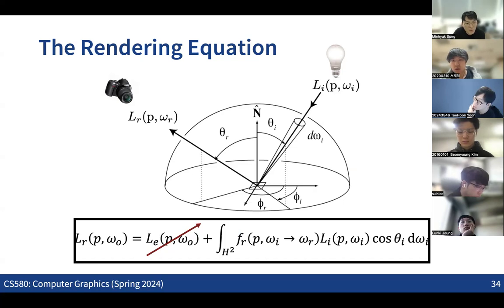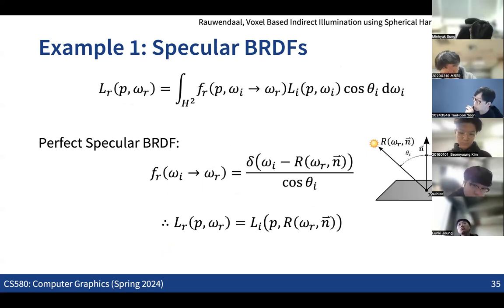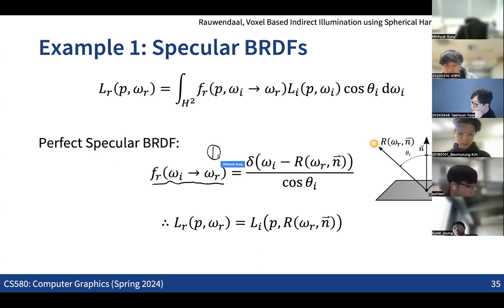Obviously, with this rendering equation, there are some special cases where we may not need to use the Monte Carlo method. One special case is when you have a specular BRDF. As I also mentioned last time, we can have a mirror-like shape, where the BRDF is defined like this. Here we get a value of one for the BRDF when the incoming and outgoing direction vectors satisfy the angle of reflection, right?